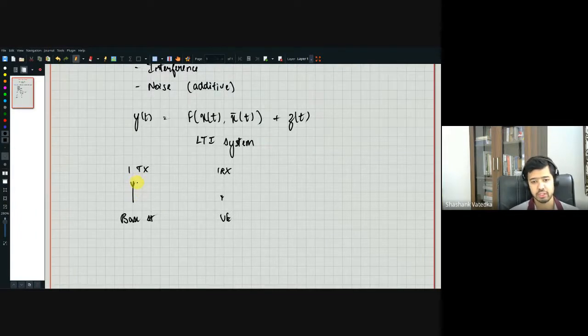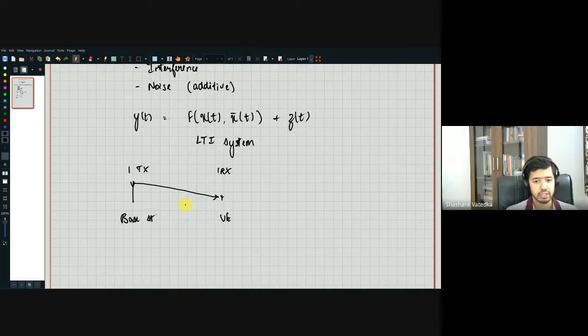So if there's just a direct line of sight communication, if there is nothing else around, suppose that both the transmitter and the receiver were placed in free space, or let's say the atmosphere, then the only component we would see would be just an absorption loss. Right?